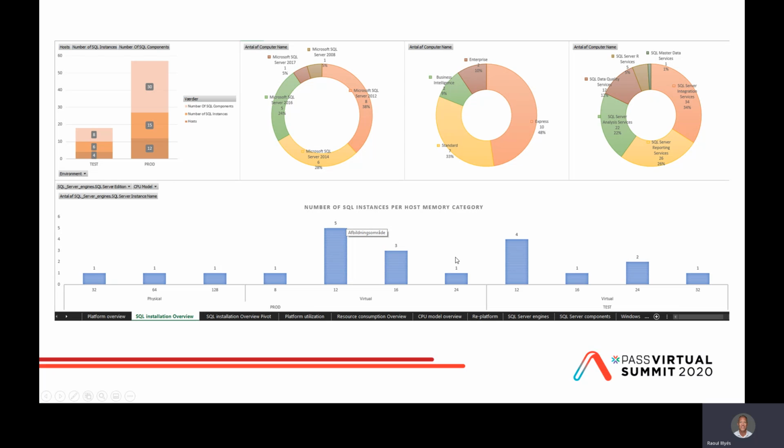Now, the bottom category is quite interesting. And that is why I mentioned the SKUs of the instances running SQL Server. As I stated before, here in the top, we have 2 enterprise editions of SQL Server. We also have 7 standard edition of SQL Server.